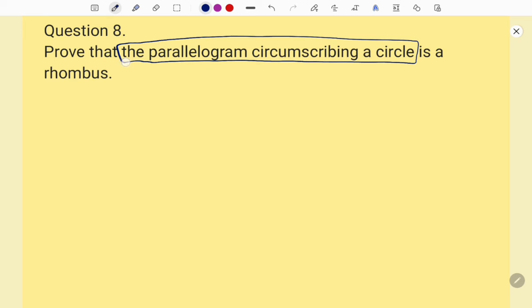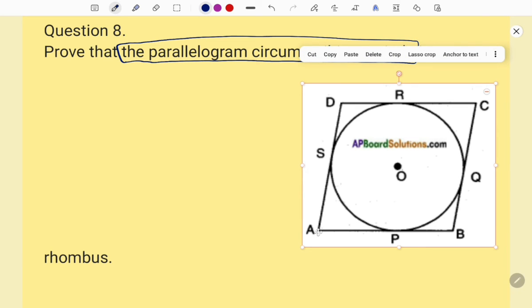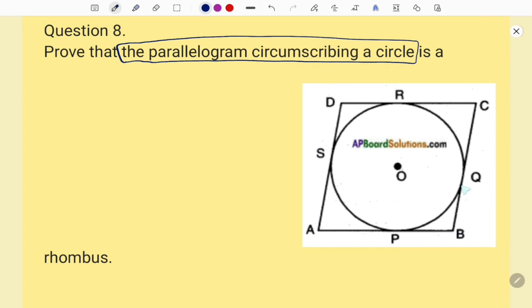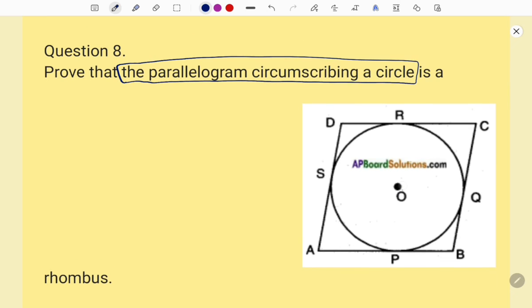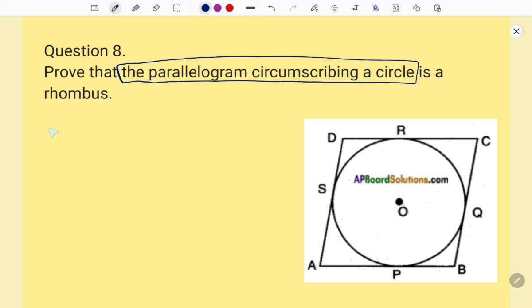Suppose, see this diagram here, ABCD is the parallelogram. ABCD is the parallelogram.